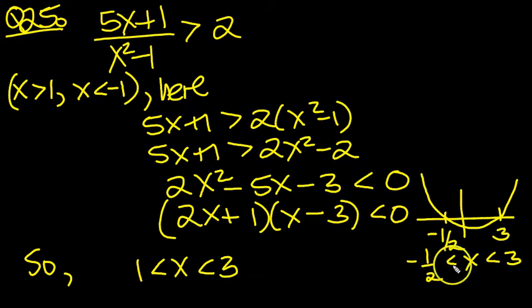And on the other side, when x is greater than minus a half, well, there's no solutions for that, is there? This part of the problem we don't need to worry about, because we've already said that x is less than minus 1. So it's only from 1 up to 3. So that's that part of the problem done then.